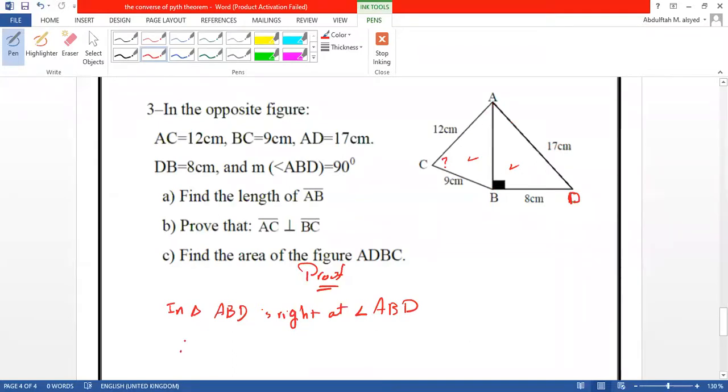So AB squared equals AD squared, which is the hypotenuse, minus BD squared, equals 17 squared minus 8 squared equals 289 minus 64 equals 225.